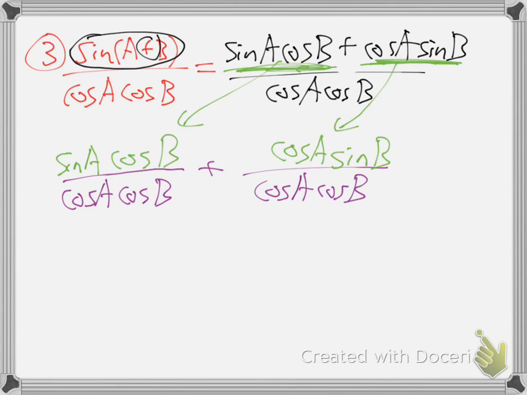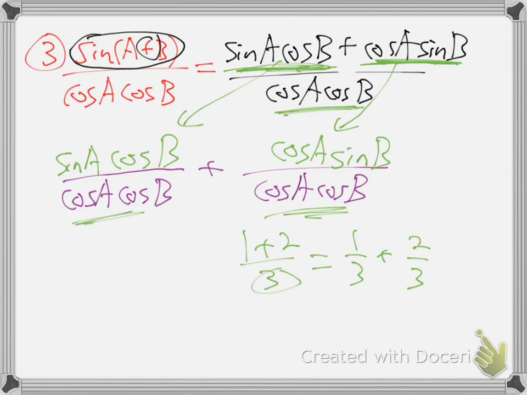Let me write it with simple numbers. It's like I had 1 plus 2 over 3, and I made it 1/3 plus 2/3. I had one thing on the bottom, here it is and here it is, and I took this part and went left, this part and went right.